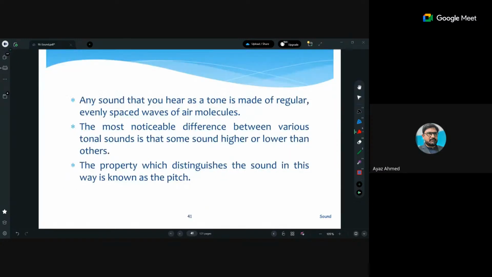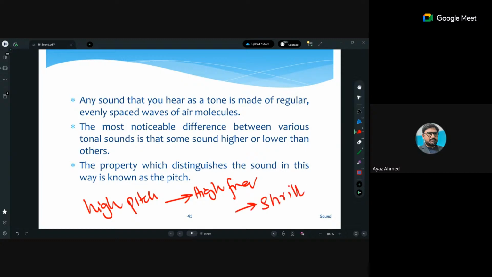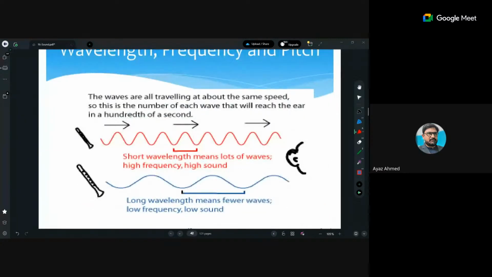Pitch is basically the frequency of the sound. For example, if someone is having higher pitch, it means that the frequency of that sound is high. High pitch sound has high frequency, and when it has high frequency, it is called shrill sound. Shrill voice. And the waves would be closer to each other.